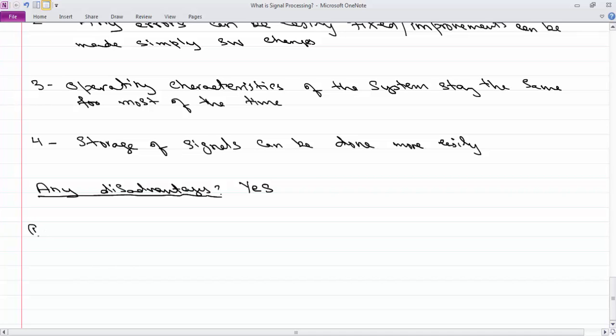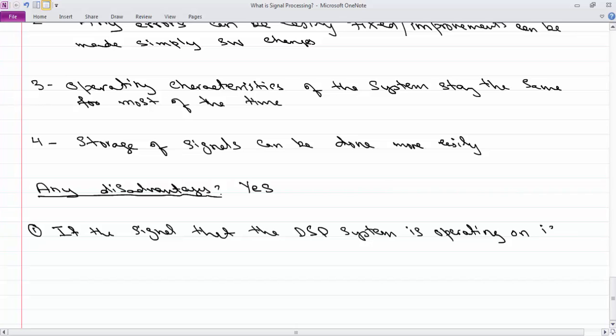So the first disadvantage is if the signal that the DSP system operates on is originally analog, then it first needs to be converted into the digital domain before you can process it.